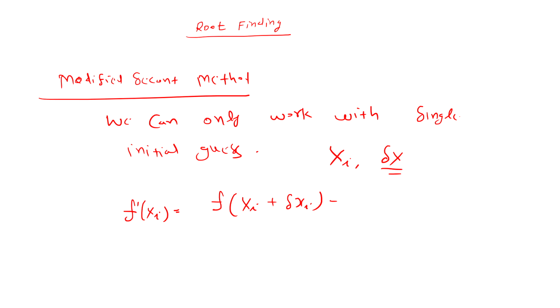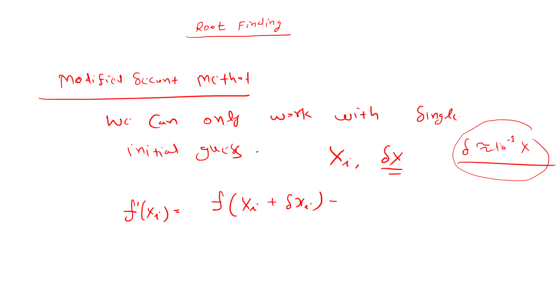I'm just giving you a rough estimate that delta should be of order of 10 to the power minus 3 times x. So just remember this. This is not a rule. This is just to give you an idea of what the order of this delta should be, or you can take it of lower order. You can take it 10 to the minus 2 also, but delta is a very small number as compared to xi.